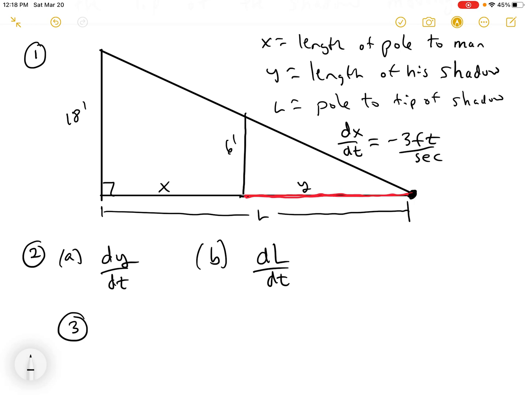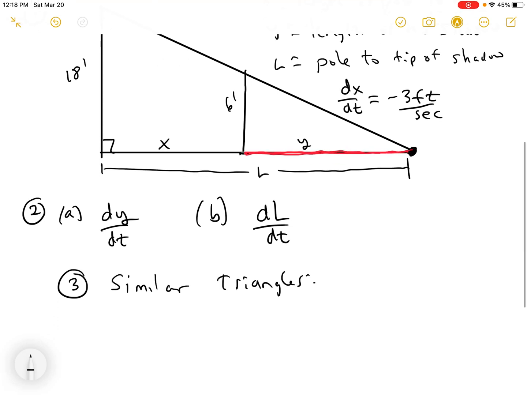Okay, and now with this setup, we can write down an equation relating them. So using similar triangles, the big triangle is 18 to L, so the sides, and the little triangle is 6 over y.